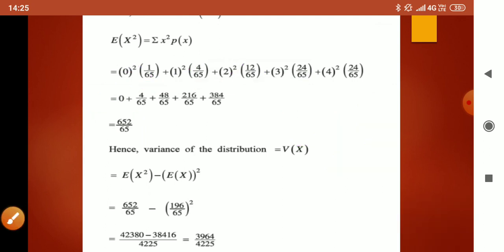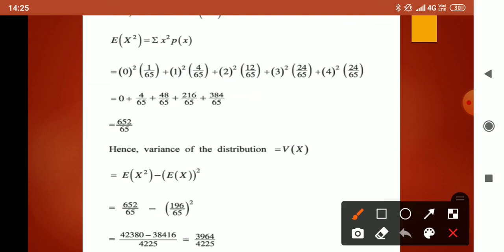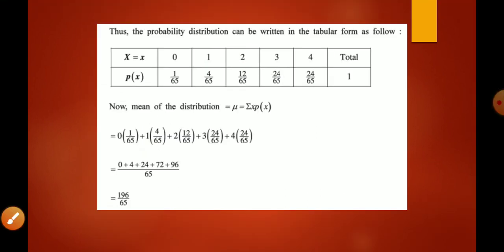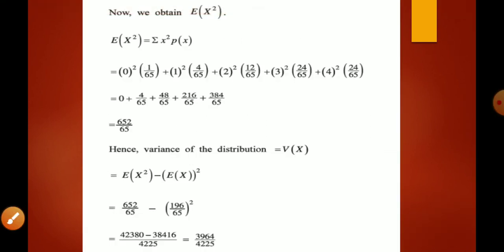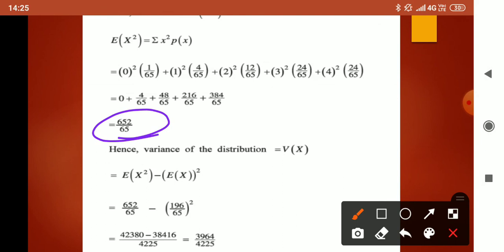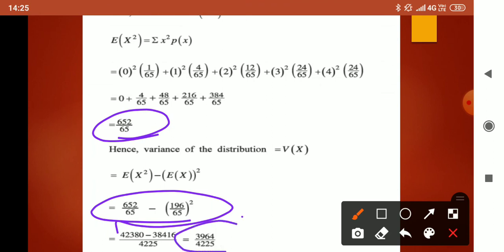Now I'll take 196 upon 65 and 652 upon 65 and deduct these two, and then I'll get the answer 3964 upon 4225.